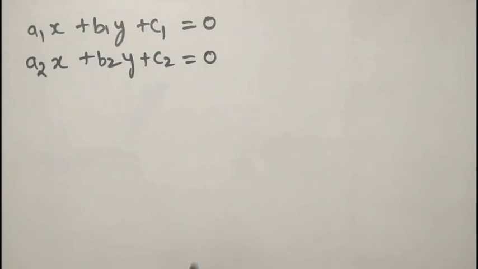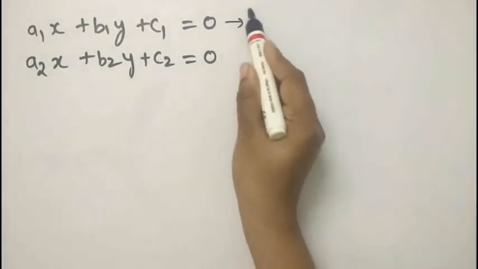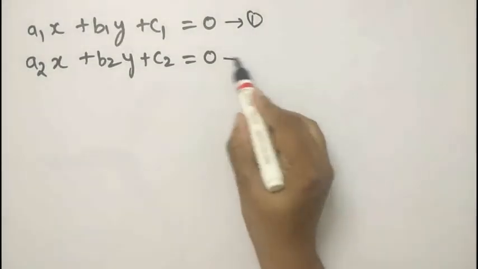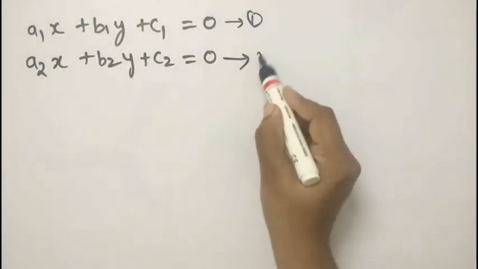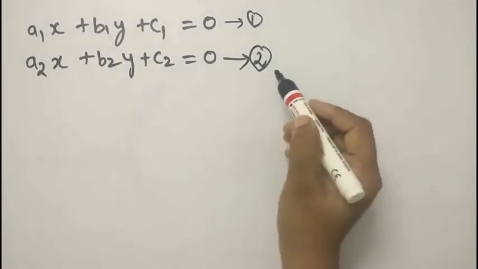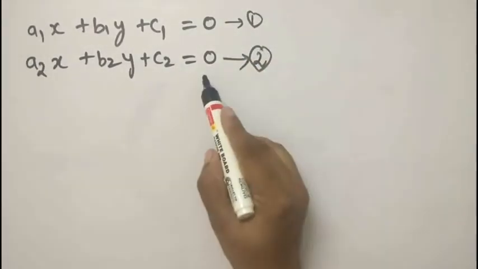When asked to plot the graph, first plot a graph for the first equation. You will get a straight line, and then plot a graph for equation 2. It will be a straight line, as we studied in my previous video. These are linear equations in two variables, so definitely you will get a straight line for this equation as well as this equation.